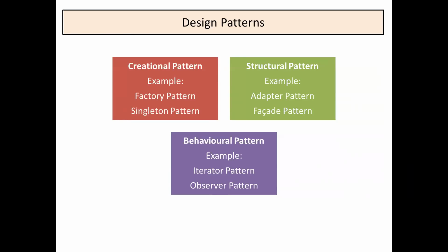And in behavioral patterns, you have the iterator pattern. Iterator is iterating over an object. And the observer pattern: you will be observing the behavior of some objects, and if there is any change, you will trigger an event. For example, I'll be observing the behavior of some object in finance.